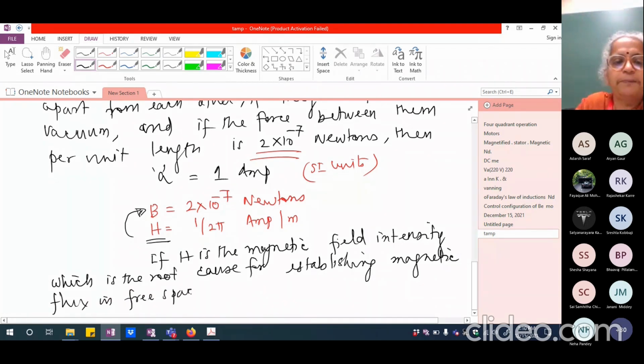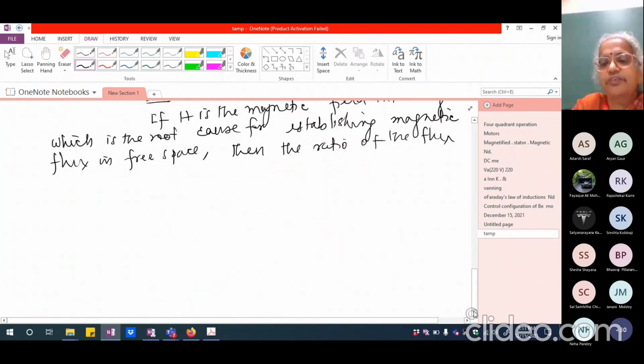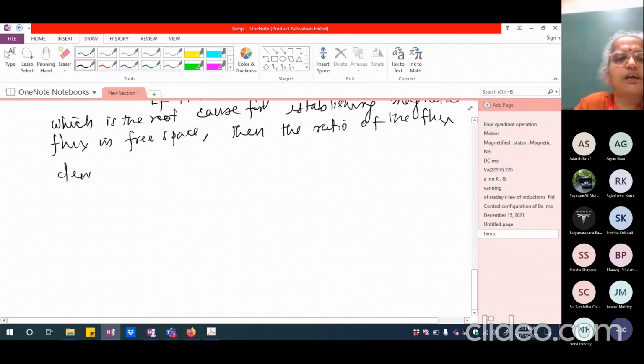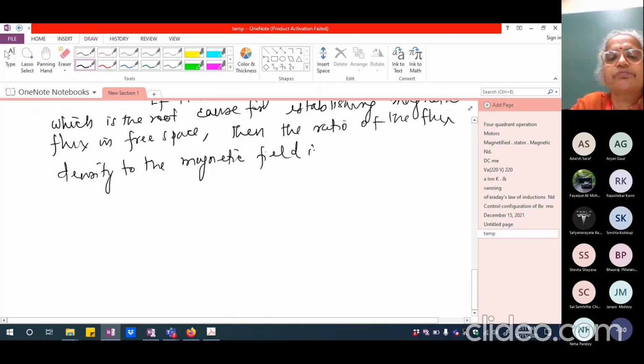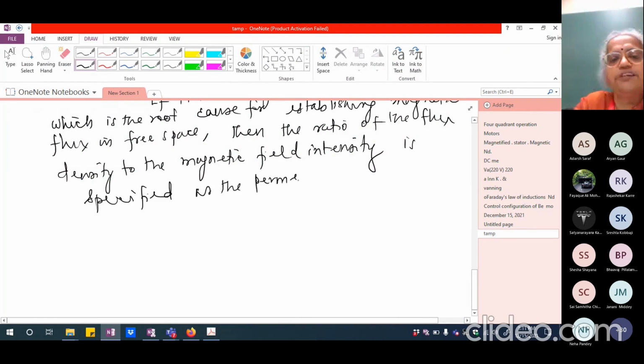Because I'm talking about the force developed in free space, the ratio of the flux density to the magnetic field intensity is specified as the permeability of the material.